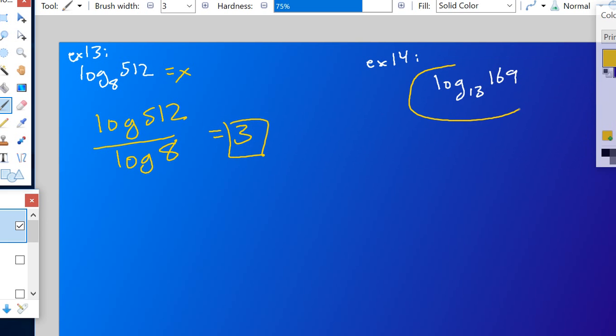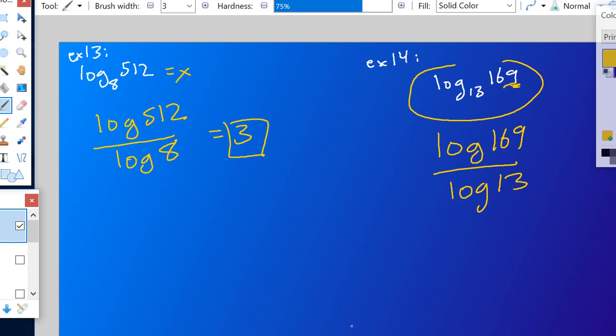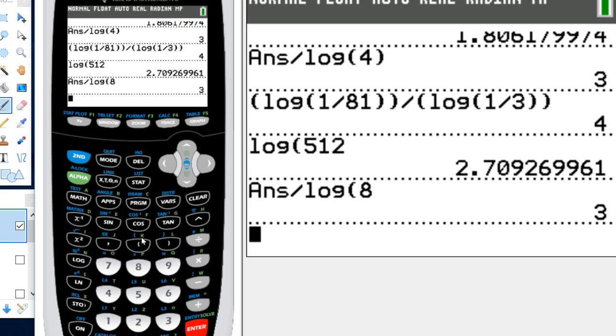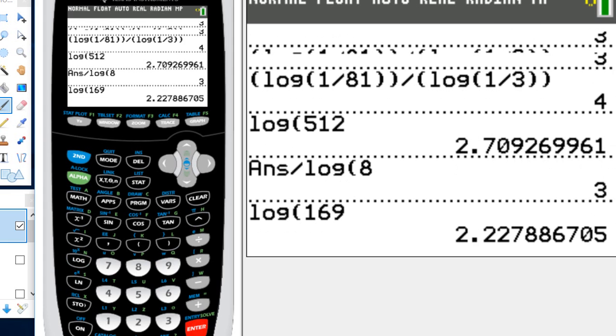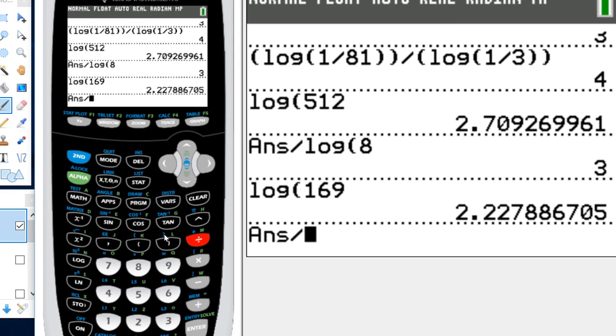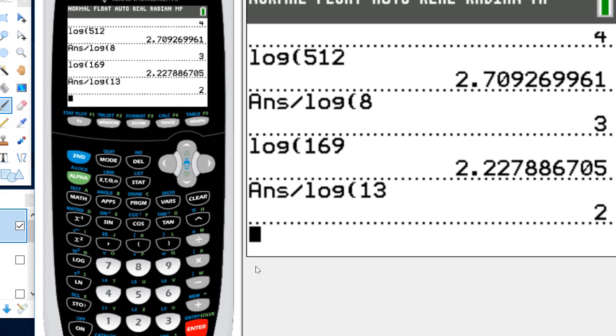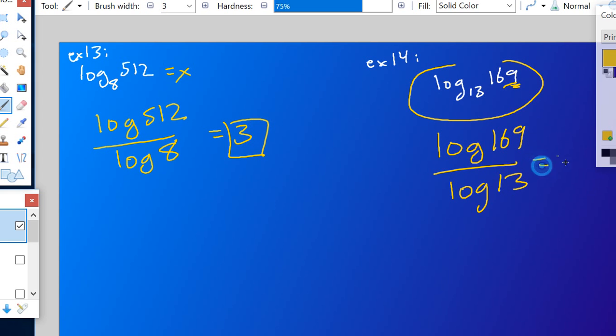Right here, change the base formula. So this number goes on top, this number on bottom. This is base 10, which is what my calculator is programmed in. So I type in log 169, and I can divide that by log 13. Get 2, which should make sense. Let's go ahead and change this.